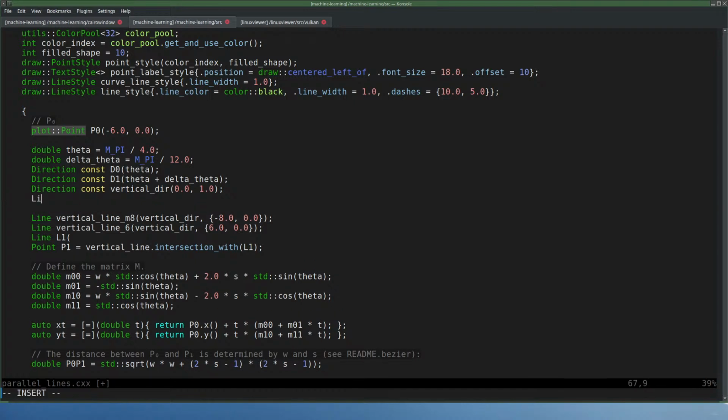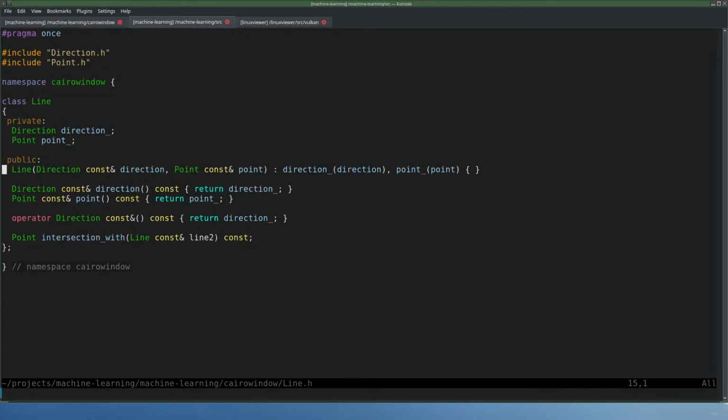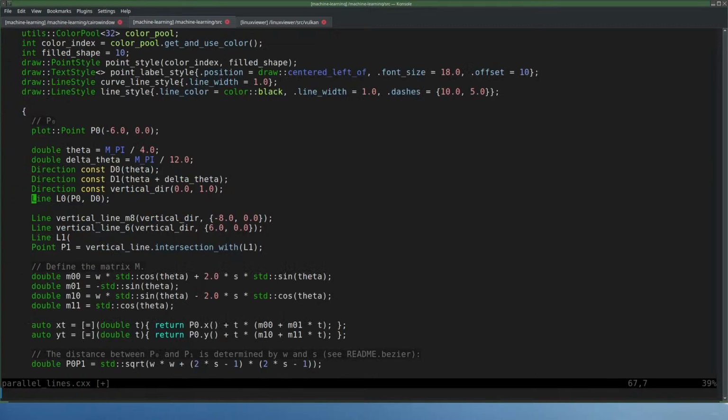Yep, I can make a line L0 already. L0 goes through P0 and has direction D0. That works, right? Line, direction, point. Oh, direction, point. Thought I had it the other way around. No, okay. So this is my line, L0.